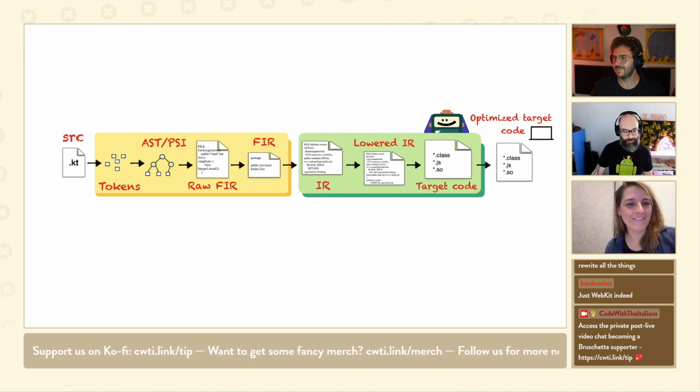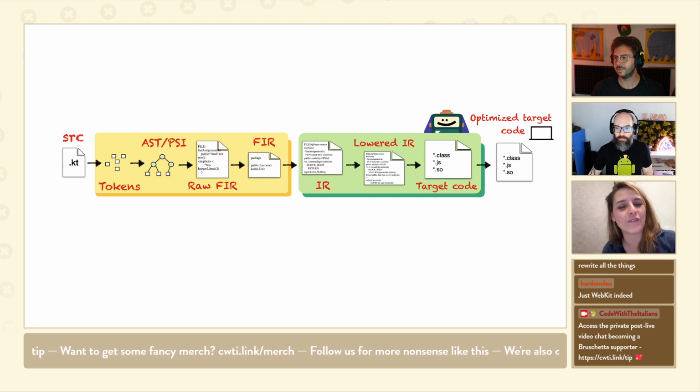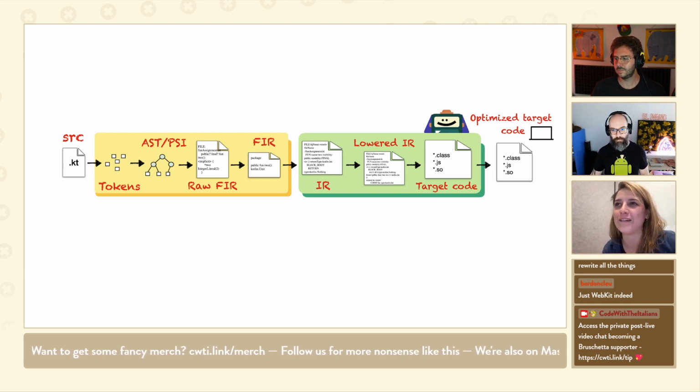I would say this version doesn't really cover what phases are what: the lexer, the parser, resolution, the lowering, and then CPU optimizations. But this represents all the data transformations of K2 and the backends that we've been talking about the whole time.